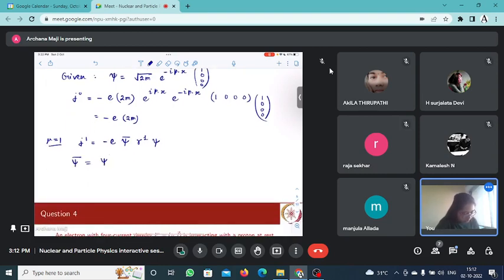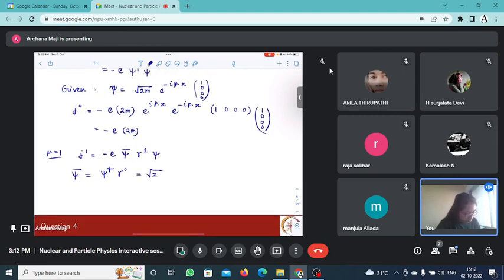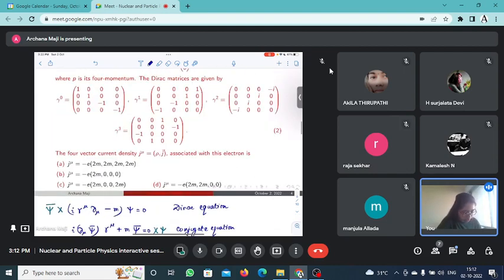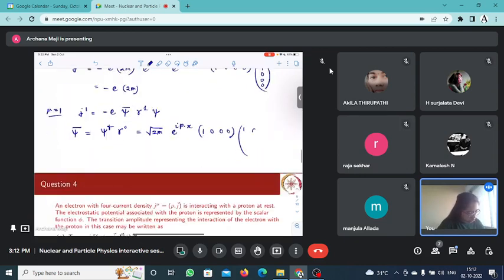Psi bar is psi dagger gamma 0. Psi dagger is square root 2m exponential i p dot x times the row vector 1 0 0 0, and gamma 0 is the diagonal matrix with entries 1, 1, minus 1, minus 1.